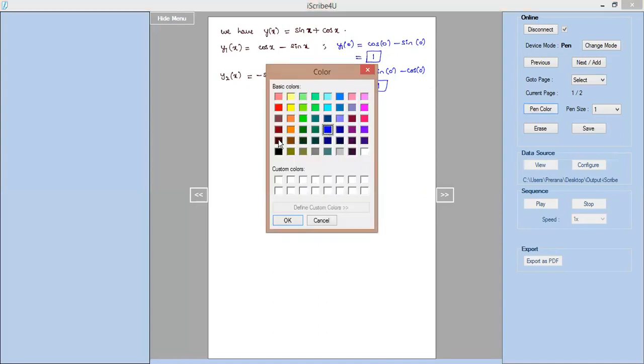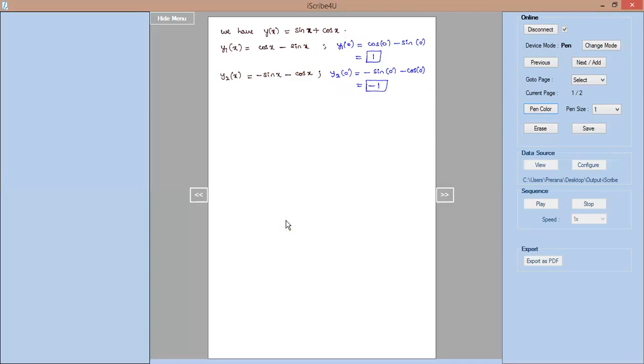Next differentiation we have to find is y3. Differentiate y2 of x once again with respect to x. Differentiation of sine x is cos x, keeping the minus sign as it is, we have minus cos x. Differentiation of cos x is minus sine x. Minus of minus becomes plus, so we get plus sine x.